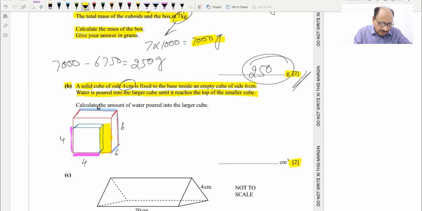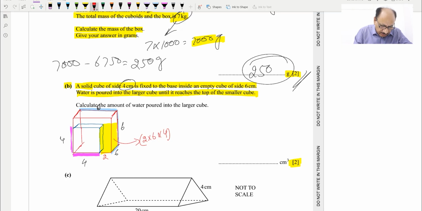The backside will also be taken. This side length will be 2, so 2 into 6 into 4, this will be one side.